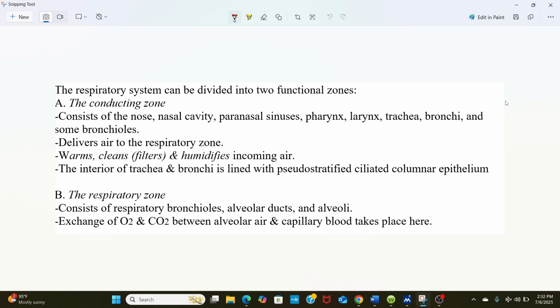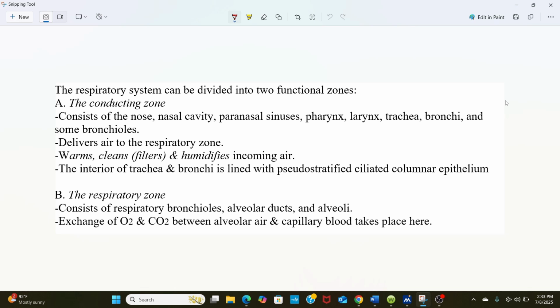The conducting zone, as its name implies, conducts or transmits air from the atmosphere into our alveoli. But it not only transmits air, it simultaneously warms the air, especially during the cold season. It also cleans the air we breathe in, meaning it removes dirt from the air.